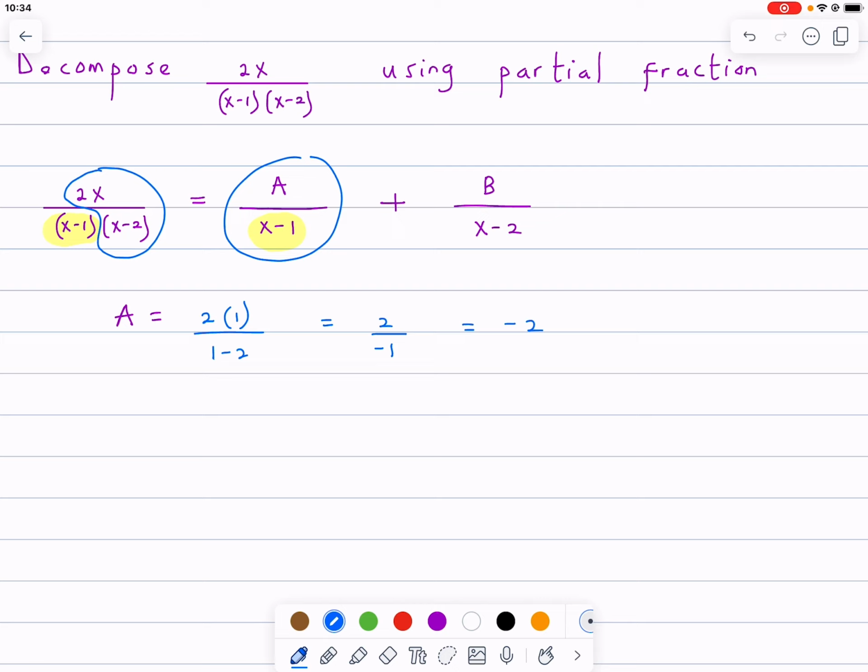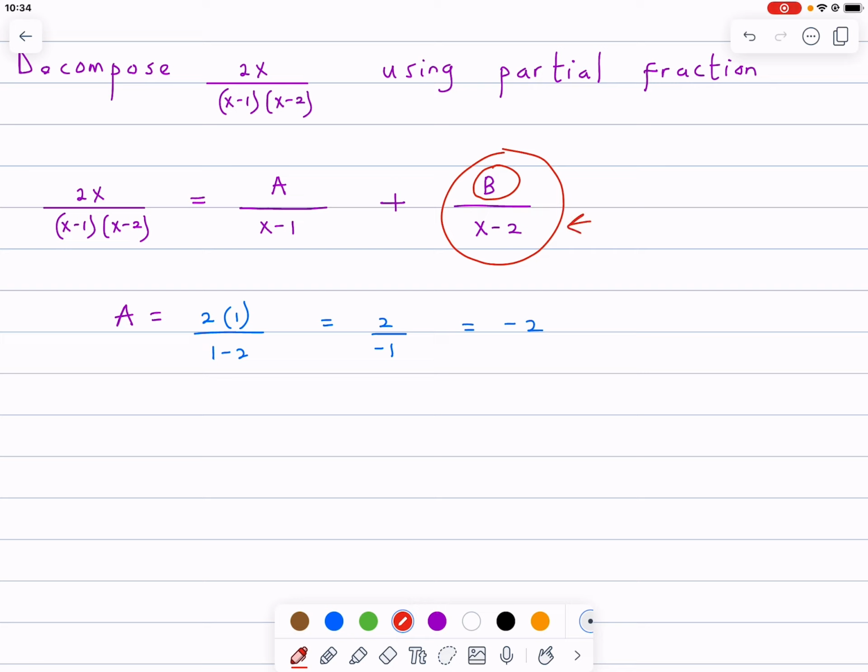Now, you can guess how I can find my b, right? To find b, this whole expression here is not defined at 2, because if I plug in 2 into that, I'm going to get 0.